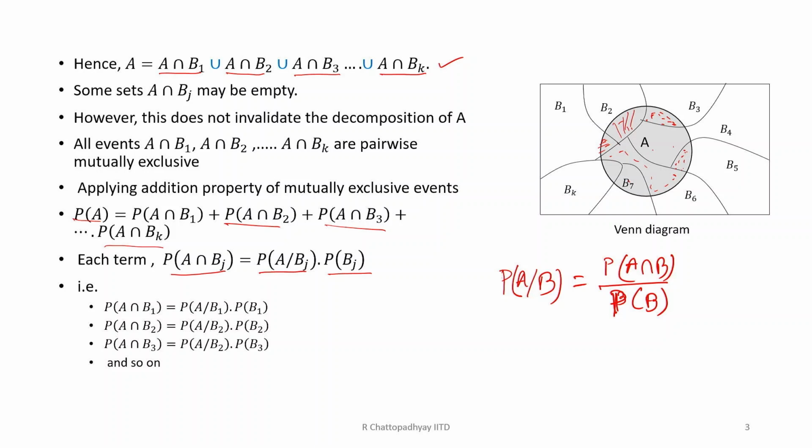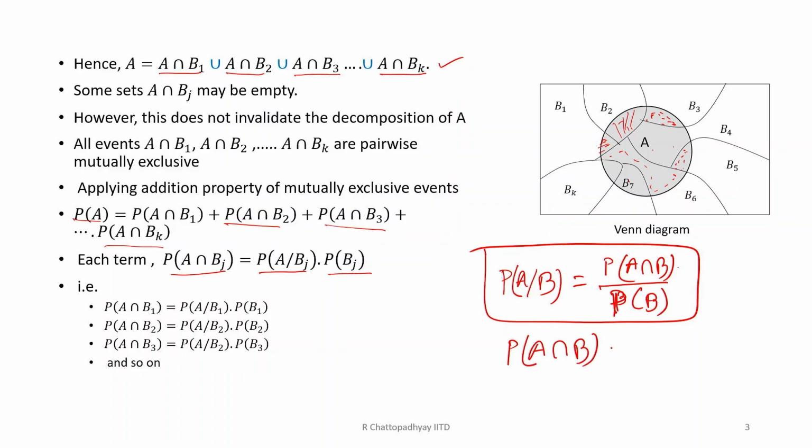This is how we can write it, and this is what is known as conditional probability. From there, P(A intersection B) can be written as P(A given B) into P(B).